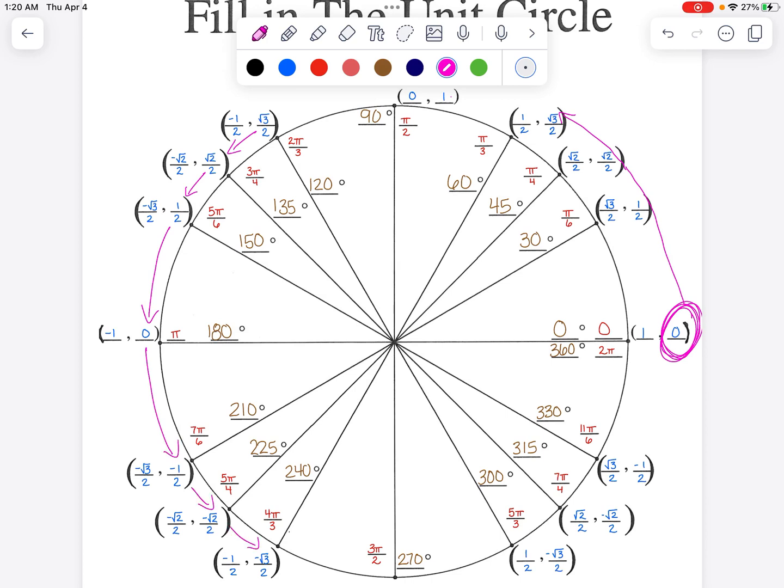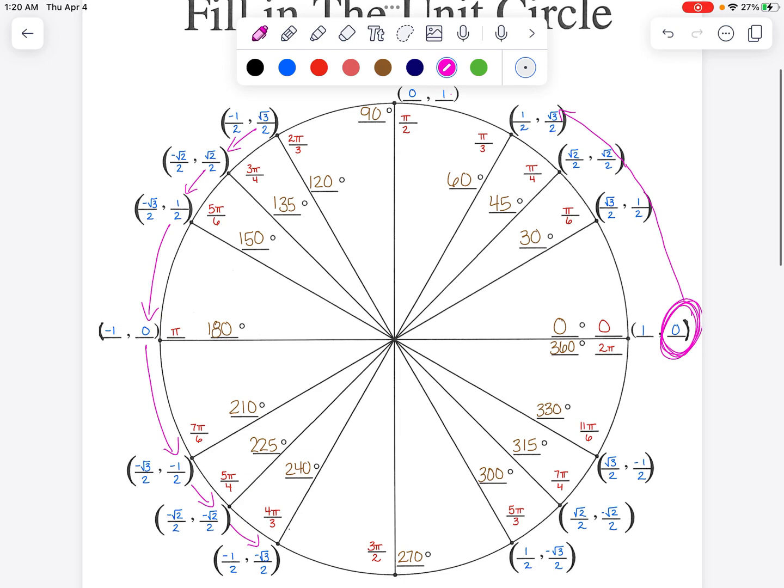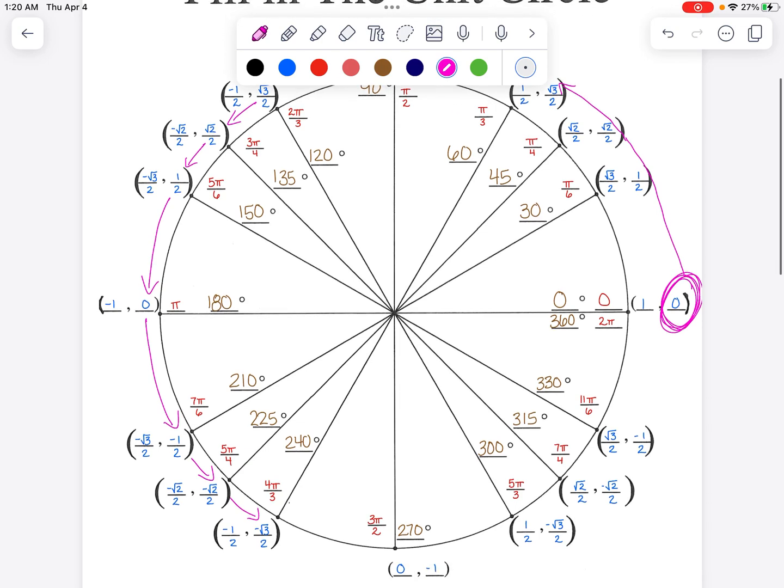And then it continues to go down to get into the negatives. So as I look at my unit circle going through the y values, sine has not started to repeat itself until I get back to the beginning, until I've traveled a full circle, in other words.